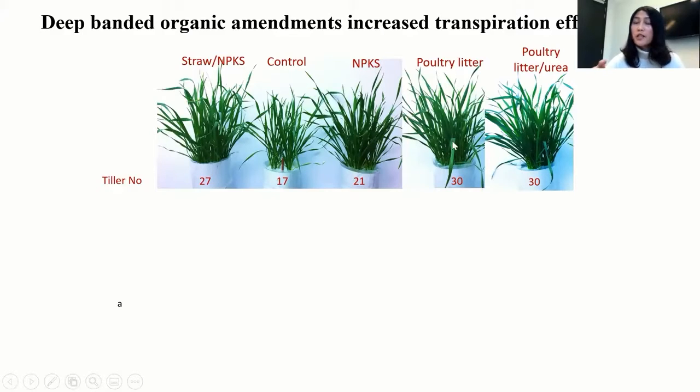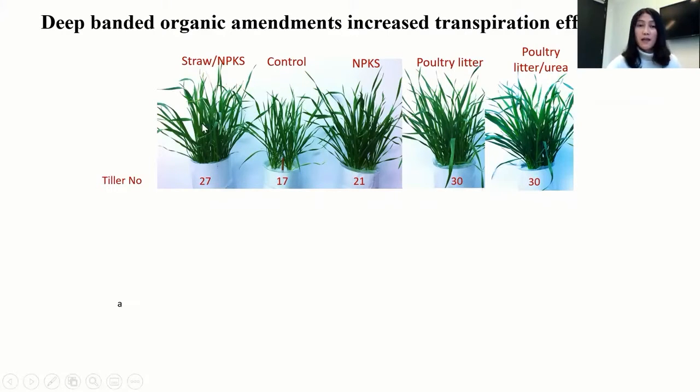And because the nitrogen release from the poultry litter is too slow to meet the plant requirement in the later stage, we have an additional treatment where the poultry litter has been mixed with urea. So we want to make sure that nutrients, especially nitrogen, are not going to limit any positive effect of organic amendments, such as biological or physical amelioration effects.